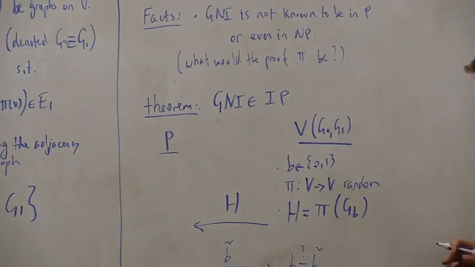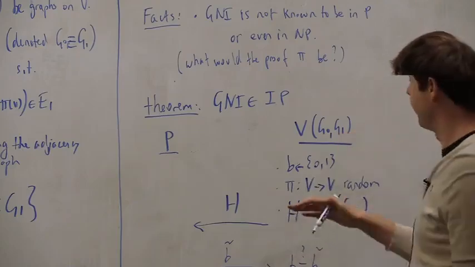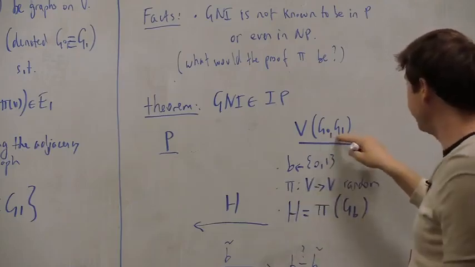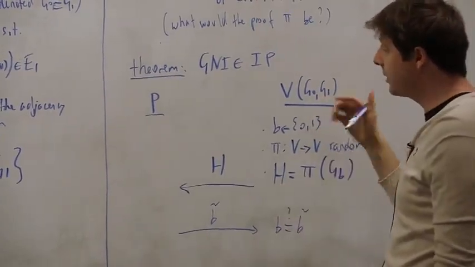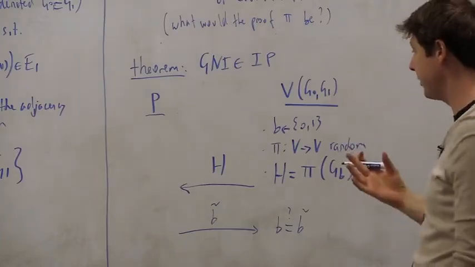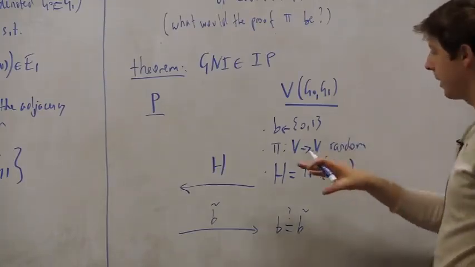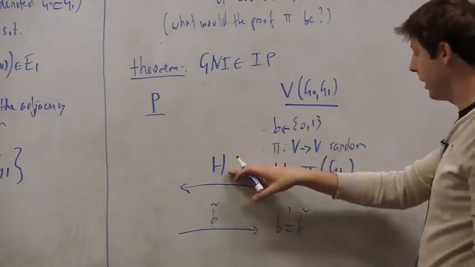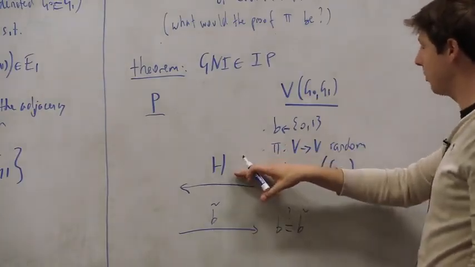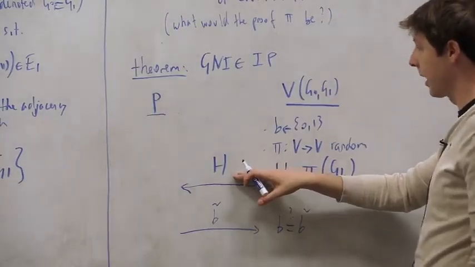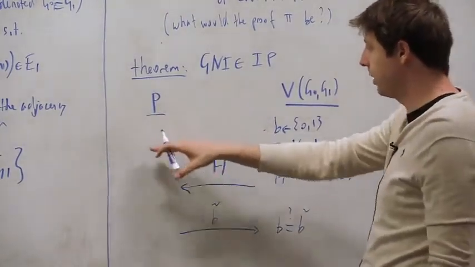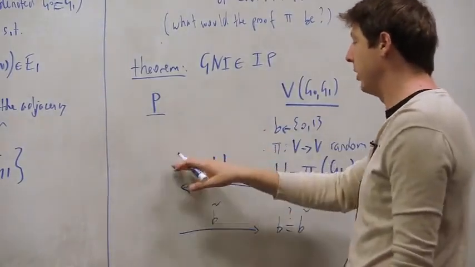Now, this is a very beautiful, simple protocol. What is the intuition here? If the two graphs really are not isomorphic, then because isomorphism is an equivalence relation on graphs, H will be isomorphic to either G0 or G1, but not both. And P, because it is computationally unbounded, can figure out which and answer.